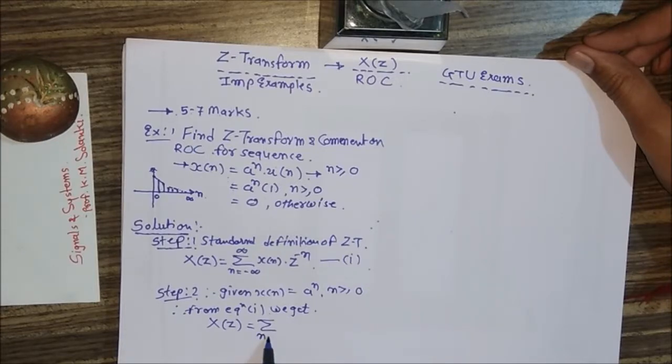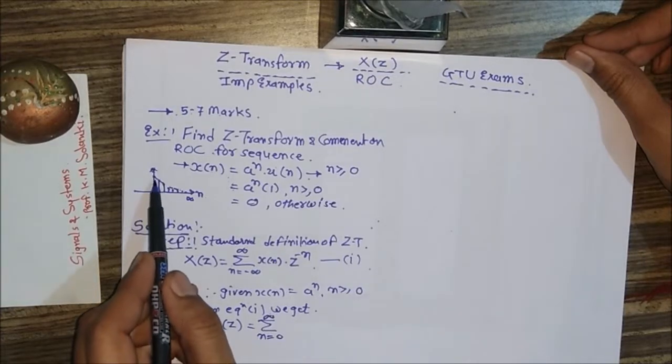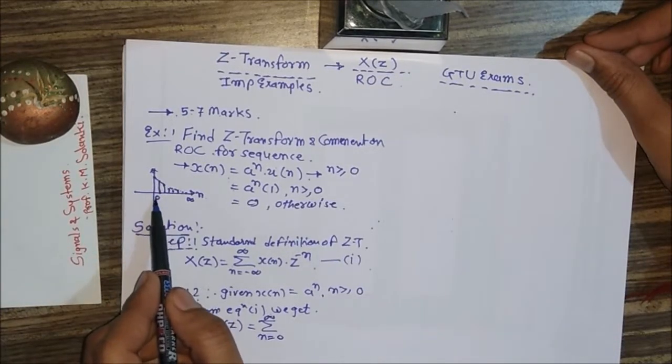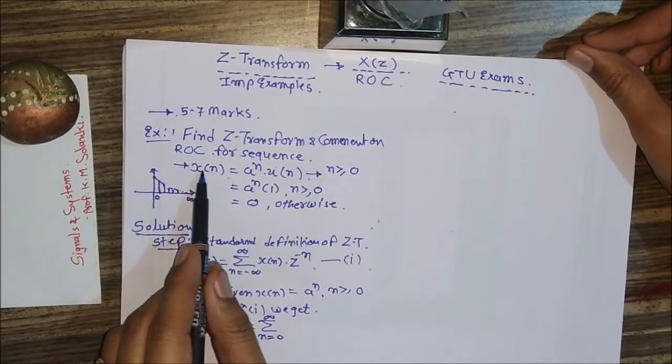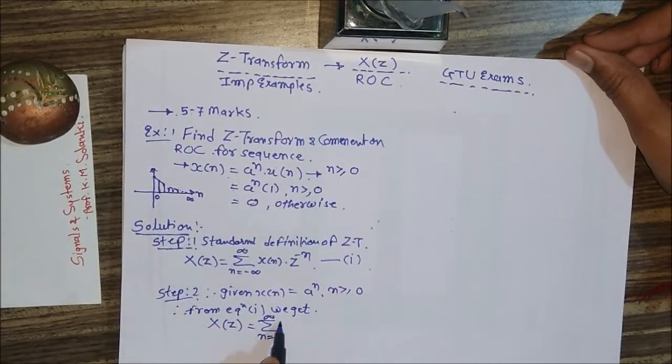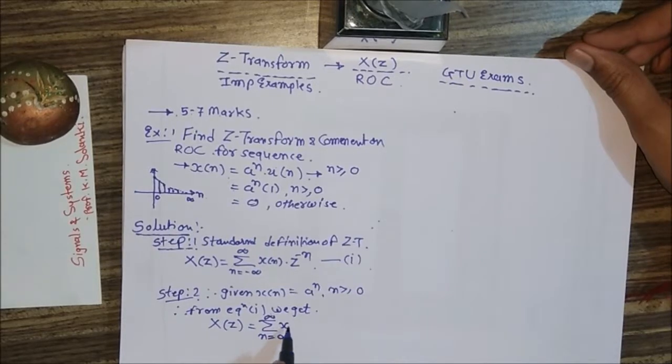So the whole summation will limit to 0 to infinity, as these are the non-zero values starting from 0 to infinity. The rest of the left hand side of this x of n will be 0, so no need to consider the x of n on that side.